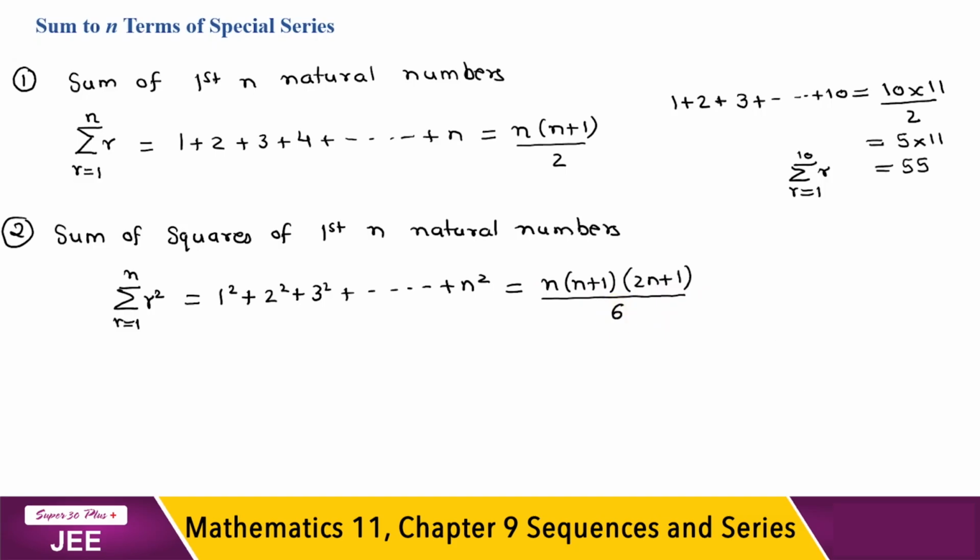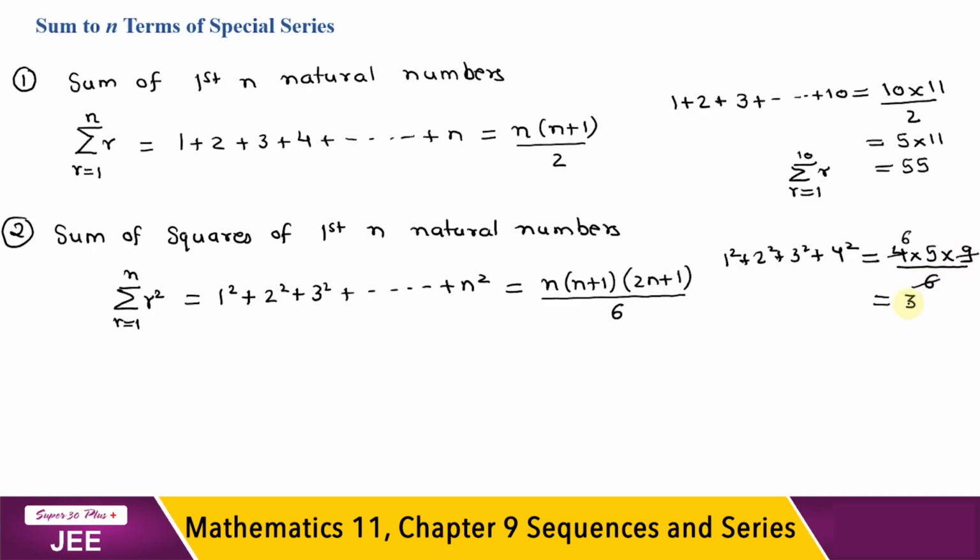For example, if you have to add 1 square, 2 square, 3 square and 4 square, this is going to be 4 into 4 plus 1 into 2 times 4 plus 1, which is 9, divided by 6.